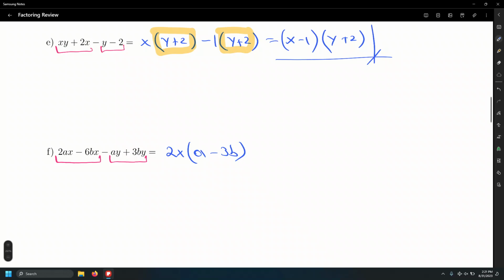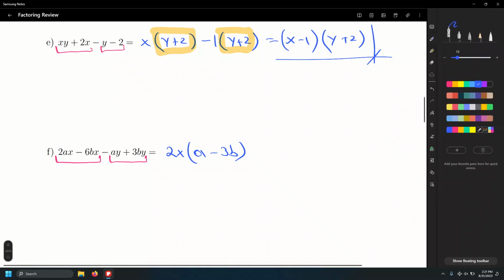Now let's look at the second group. But again, notice the sign pattern in this case. The first term of the first group doesn't have the same sign as the first term of the second group. So when that happens, we need to also factor the negative sign on the second group.